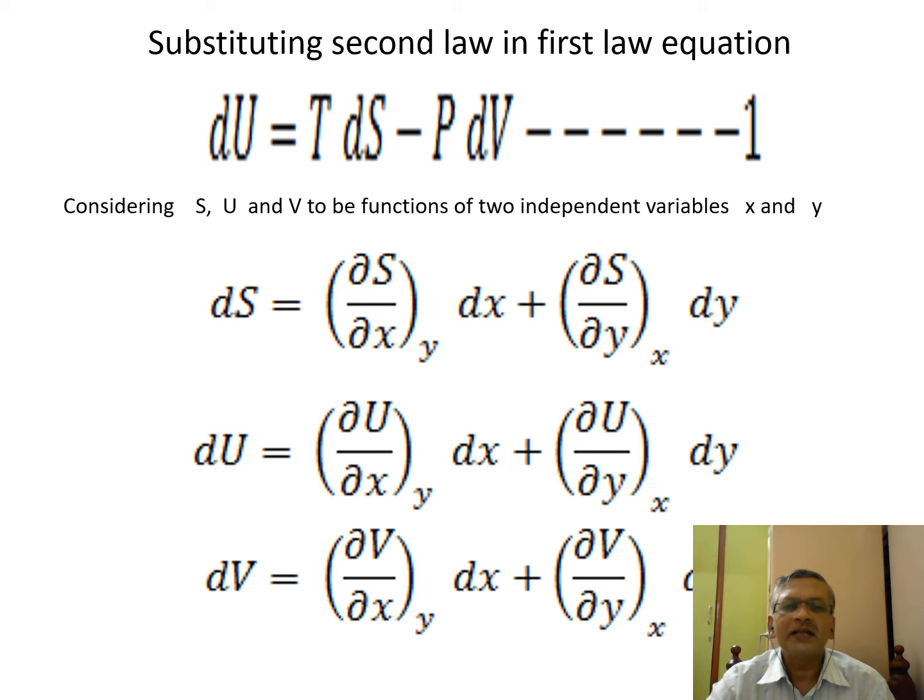These dS, dU, dV terms we should substitute in the above equation number 1, that is dU is equal to TdS minus P into dV.